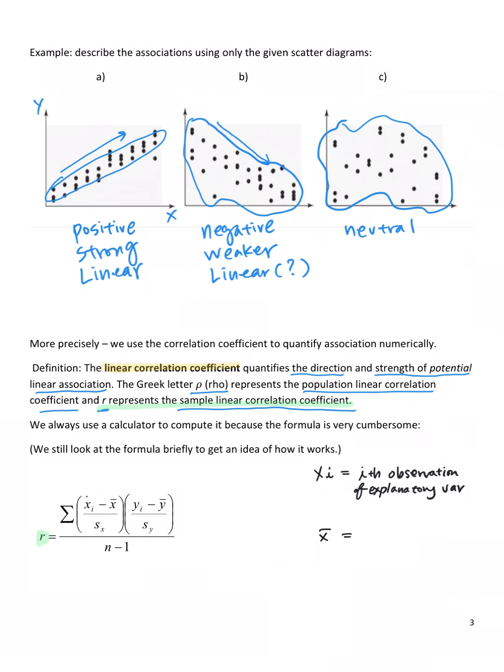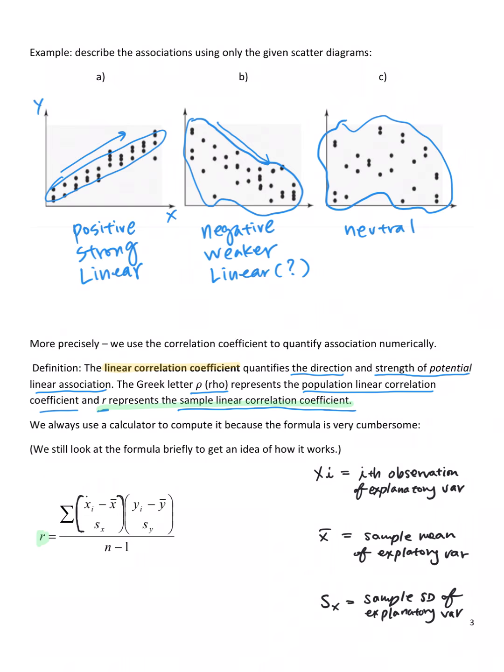So that's the sample mean of the explanatory variable. Then divide the difference by the sample standard deviation of the explanatory variable, Sx.